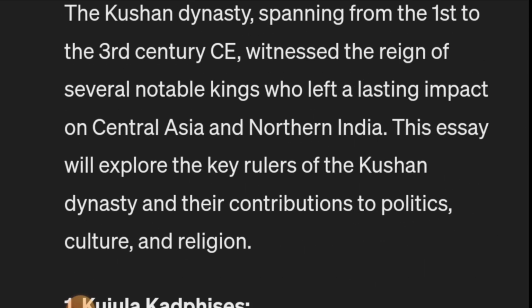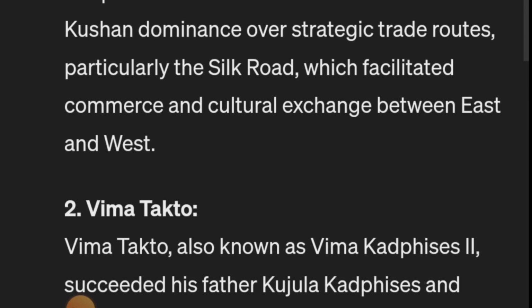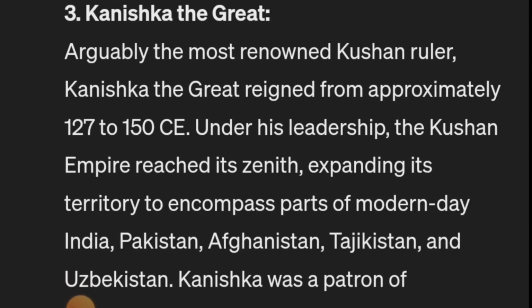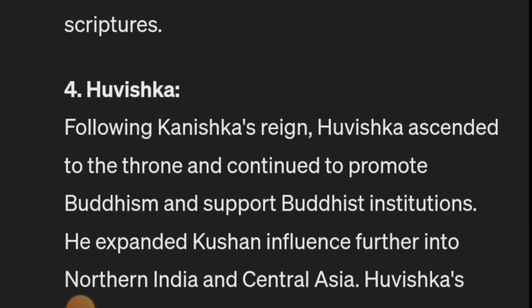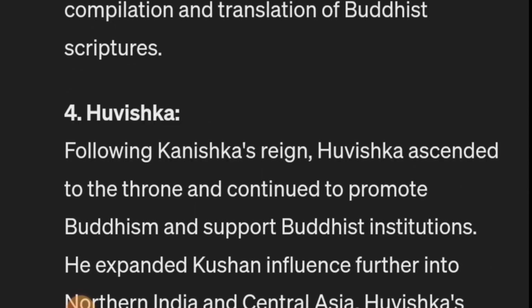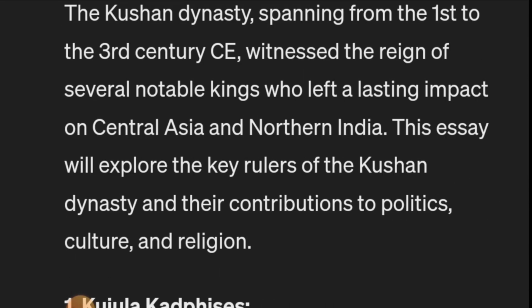So first you have to take in mind that this empire continued from 1st to 3rd century CE. Then the important kings, that is Kujula Cadphises, his grandson Vima Taktor Vima Cadphises, Kanishk the Great, and Huvishka, as well as Vasudev I, the last prominent ruler, and their contributions to the political, economic, financial, as well as cultural contributions.